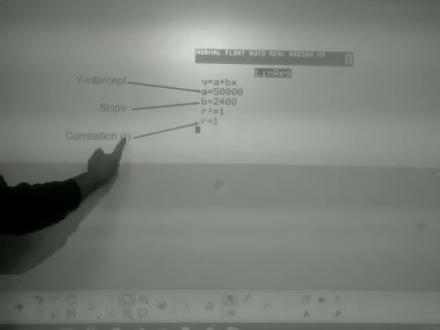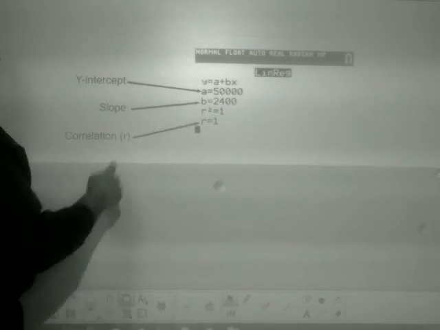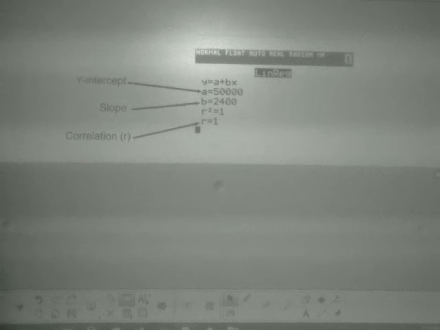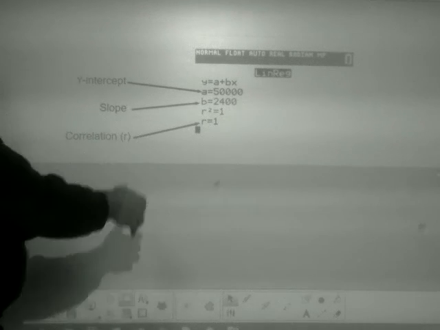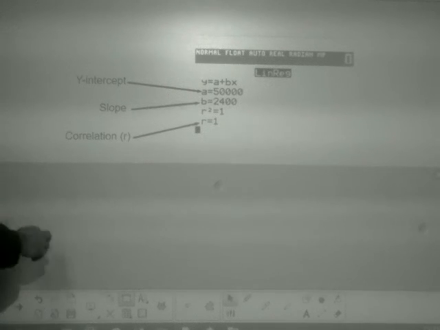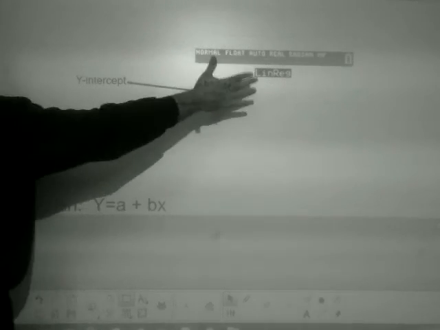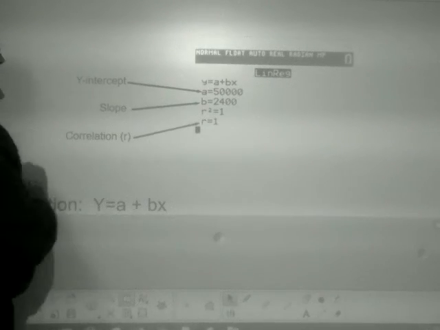And the correlation that we talked about earlier, that is the R value, and it will also give you correlation. Now, in this phony baloney example, the correlation is 1. It's not always 1, but for this example, it came out to be 1. So, we take this information and we write an equation.